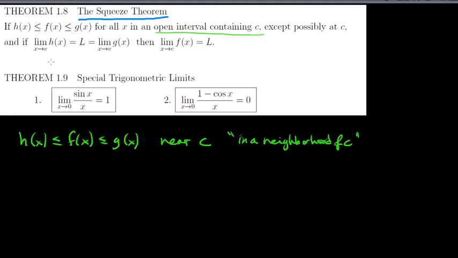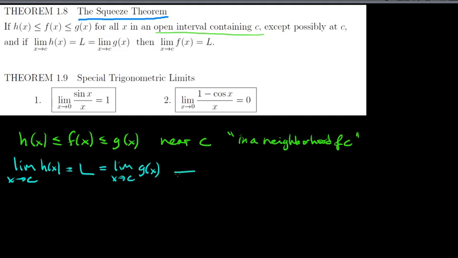All right. So if the following limit holds, so I'm going to take the limit as x approaches c of h of x. And let's say we get an answer. Let's say it's equal to L. And let's say that happens to be the same limit for g of x.